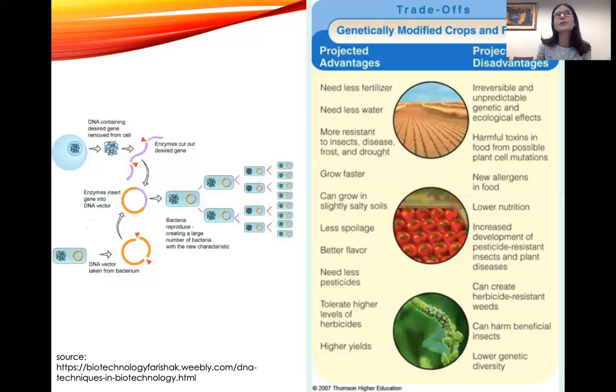I think everything's good in balance. As long as we're not creating some super bugs that would eventually harm us more, or harm other forms of life more, I'm always stuck between how far you can go in using life to degrade life, especially if the pollutant is our creation and our wrongdoing. So I'm divided between the two, but we will definitely be touching upon this when we discuss bioremediation.